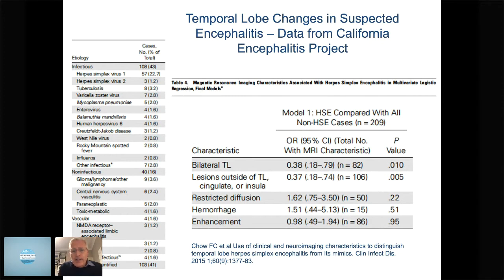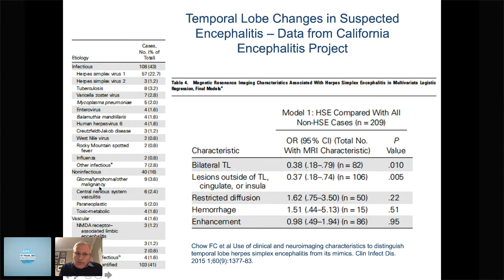This is a nice paper from the California encephalitis study some years ago. And on the left here, you can see other organisms at the top causing temporal lobe changes, imitating herpes simplex encephalitis, including enteroviruses, varicella zoster virus, West Nile, but also rarer causes such as Balamuthia.